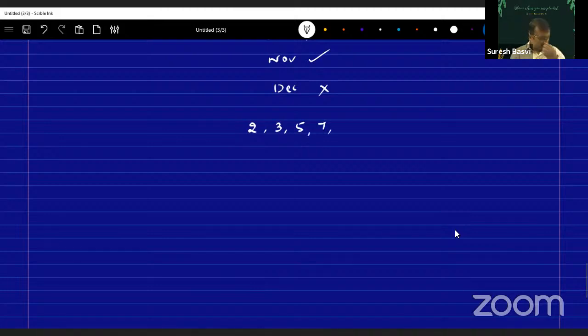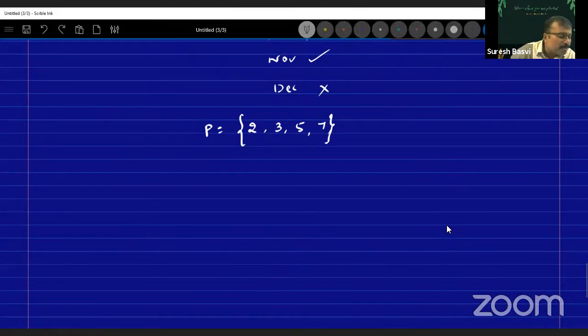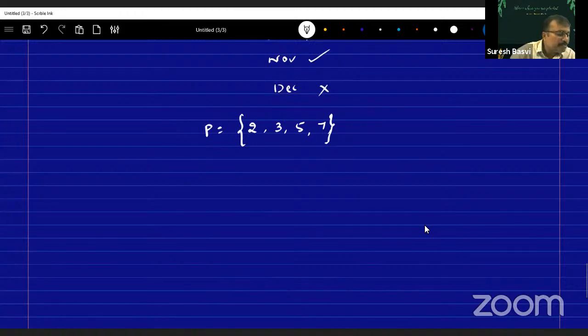That's it. So P is equal to 2, 3, 5, 7. Very good Harikanga Sai. Write it in curly brackets also, Venkateshwarlu. You also try it.